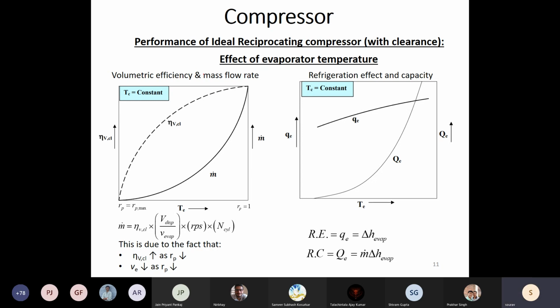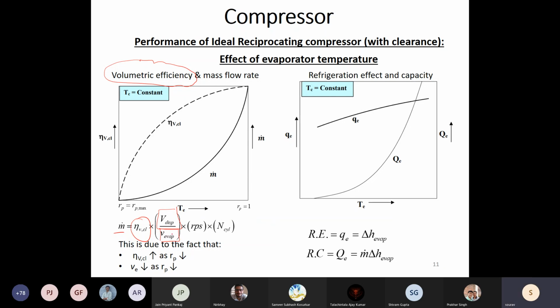For mass flow rate, it is better to first draw the volumetric efficiency curve, because in the expression for the mass flow rate, you have volumetric efficiency. You, of course, definitely have the displacement volume of the cylinder, but that is going to be fixed because we are looking at one particular compressor. But what you also have is the density of the refrigerant, into rho evaporator, or divided by the specific volume of the refrigerant.